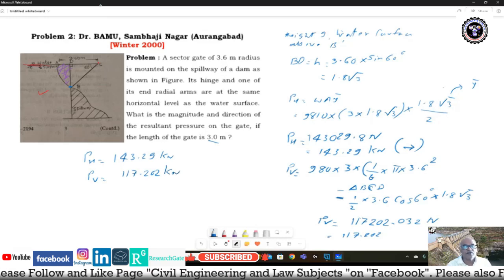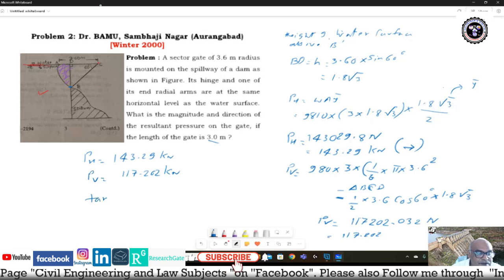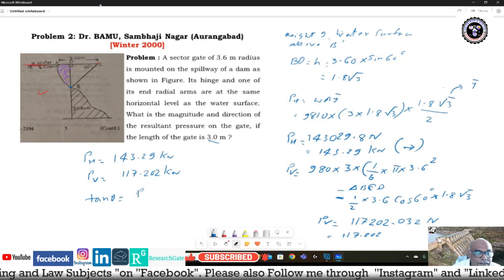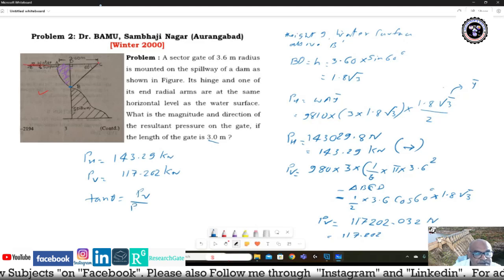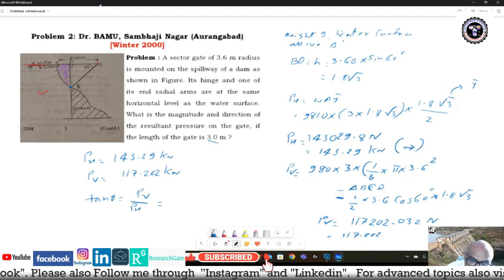Got it? So tan theta is equal to PV upon pH, that is 0.819.